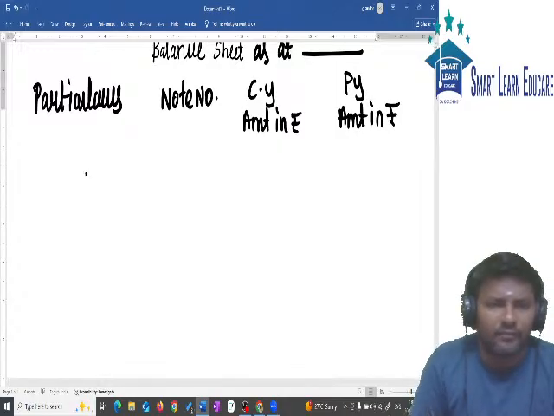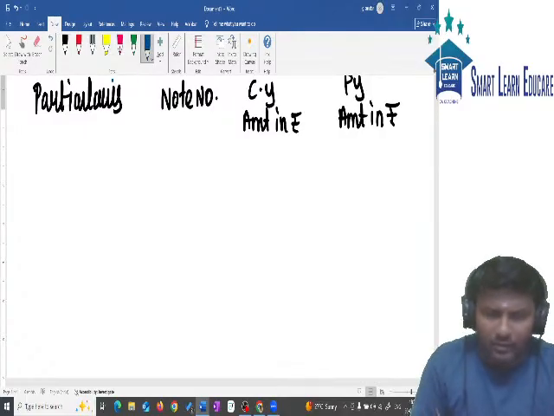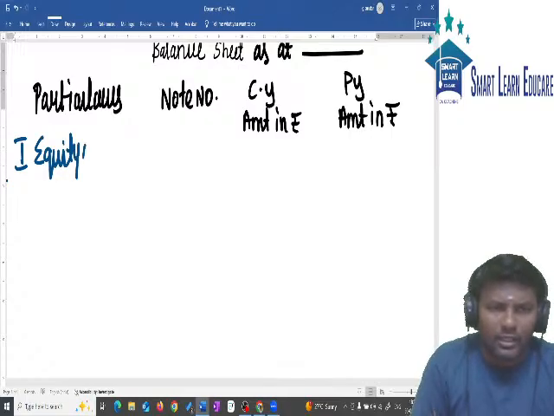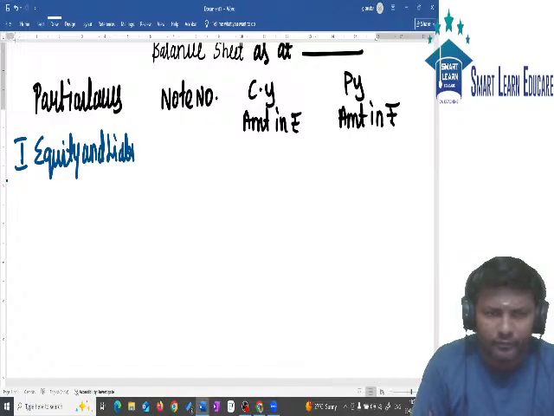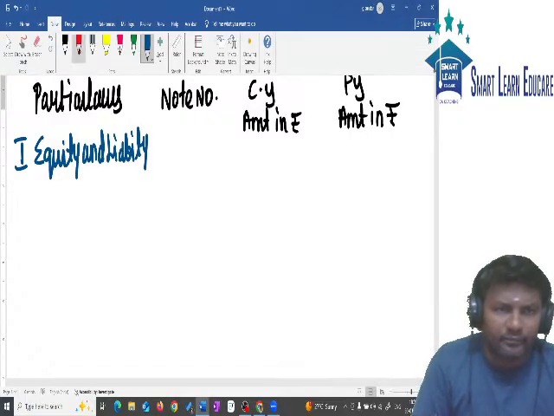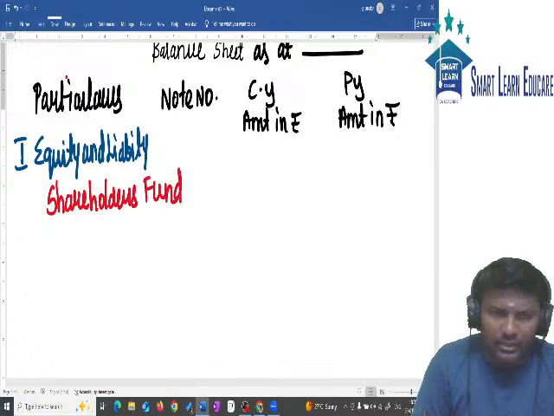First, the major heading is equity and liability. That first one, shareholders fund.